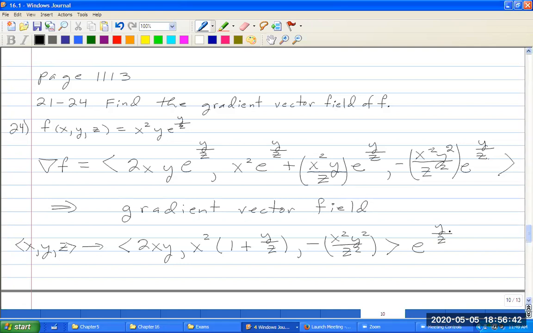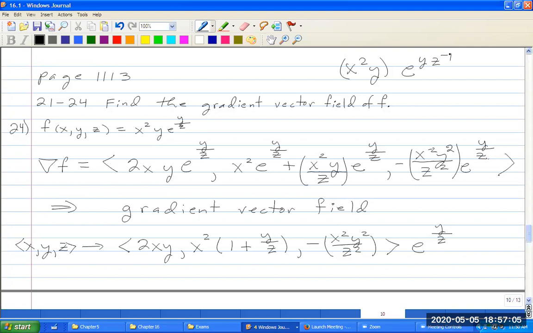And let me check the question. How did you get the derivative with respect to z? Oh, okay. So derivative with respect to z, remember that x squared y is a constant, and this is just y z to the negative 1.